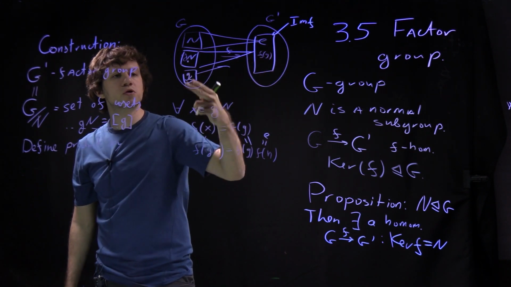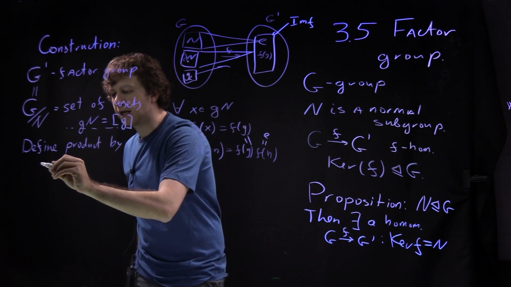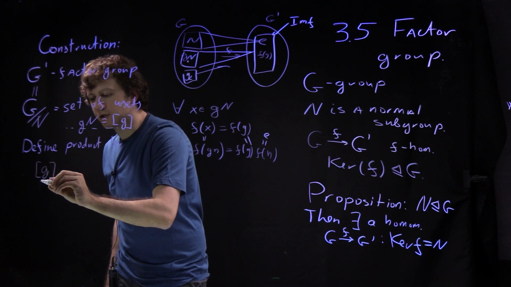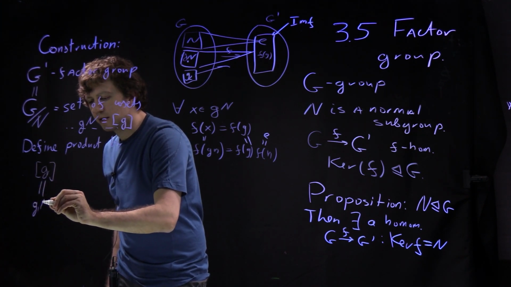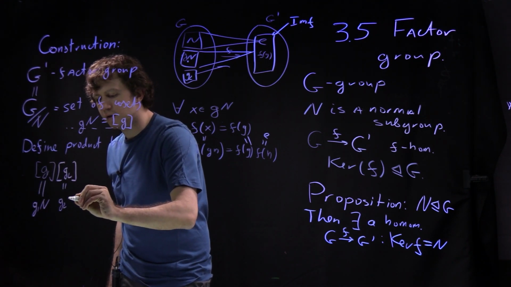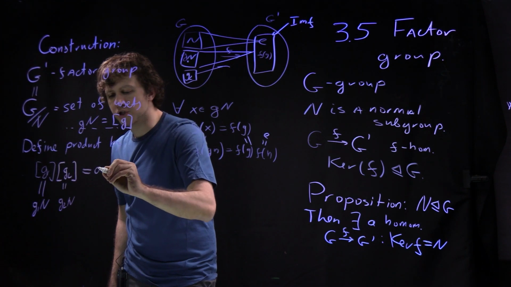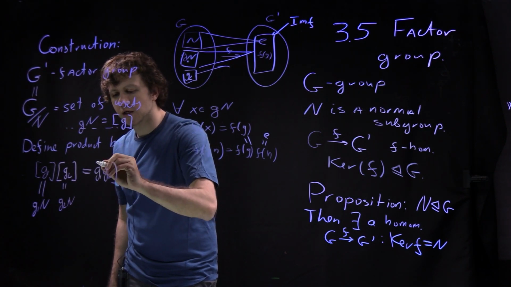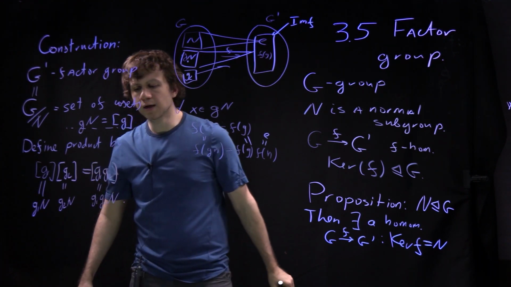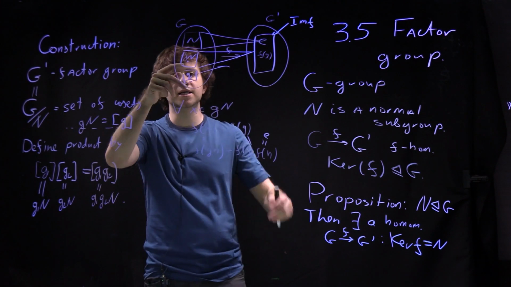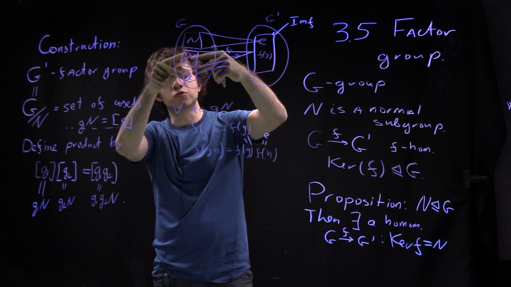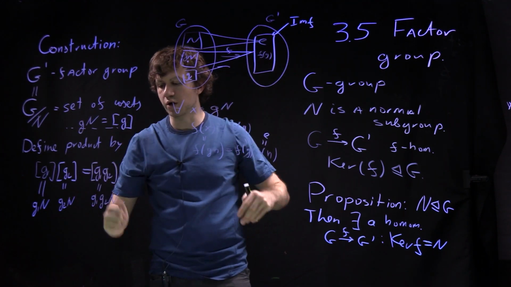So it's very clear that we should multiply cosets by saying that when we multiply g1N, on g2N, I just put it equal to the coset g1g2N. This is dictated by the idea that we want to multiply our elements exactly like we multiply elements in the image. So two cosets will go to the coset of the product.